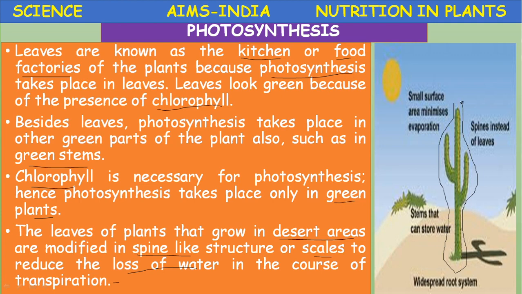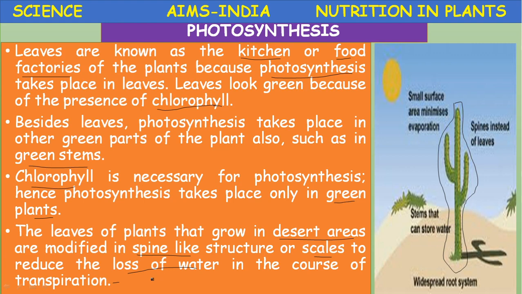Because the plants live in water scarce areas, they reduce a process called transpiration. What is transpiration? It means the process of elimination of excess of water in the form of water vapor through leaves is called transpiration.